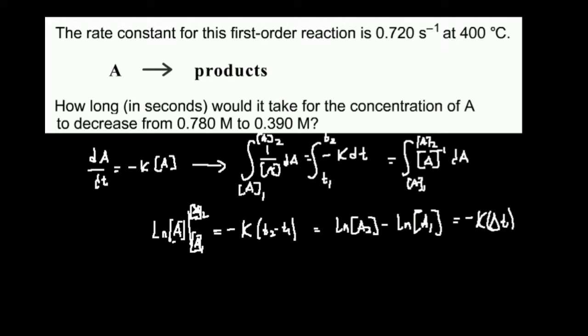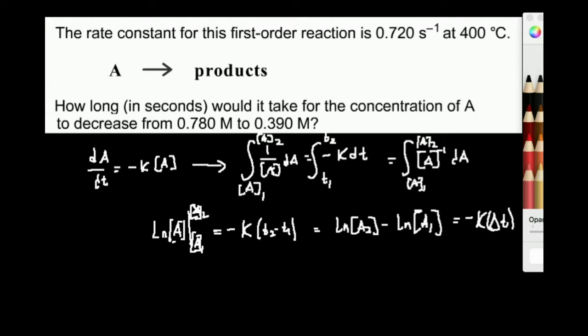Now, at this point, I feel like I could probably start plugging in numbers. I know that I'm decaying from 0.78 molar to 0.39 molar. And I just have to remember the following. This concentration is my A1, this concentration is my A2 because I'm decaying to that. That's my final concentration.